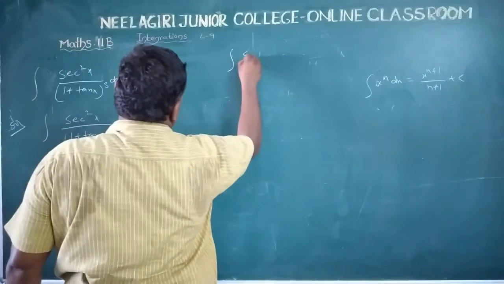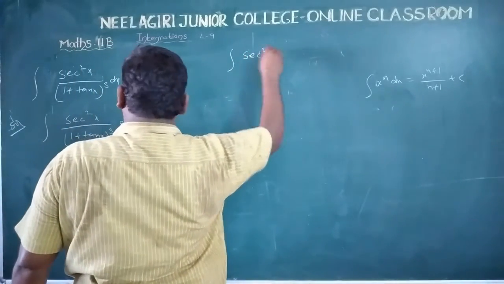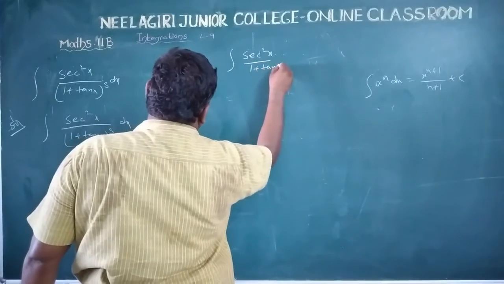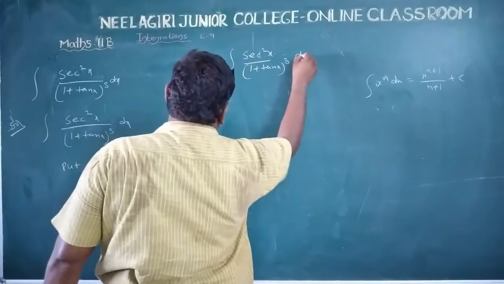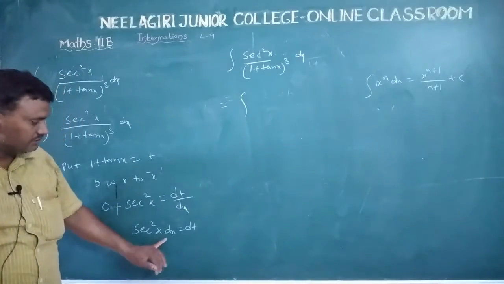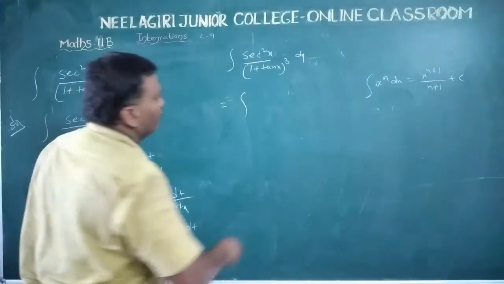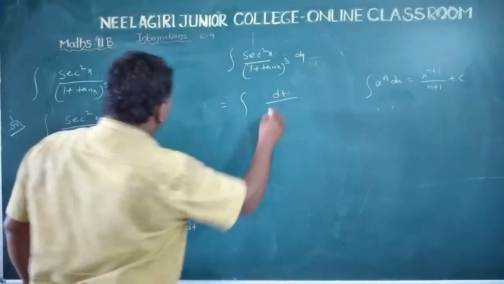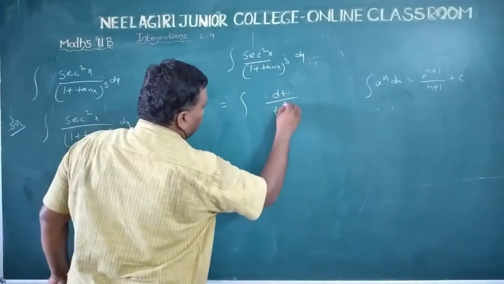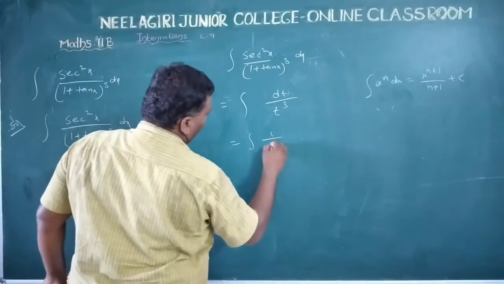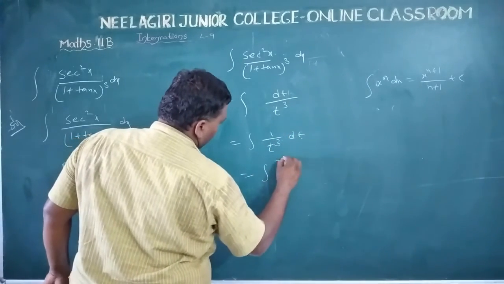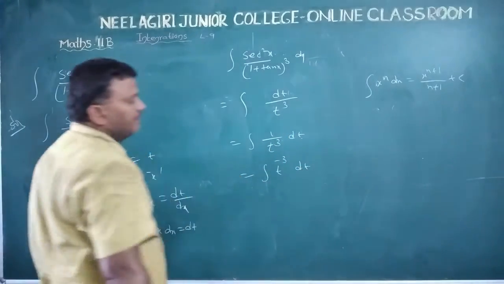Integration of sec square x by (1 plus tan x) whole cube dx is equal to, sec square x dx is dt, and 1 plus tan x is t, so it is 1 by t cube dt, which is t power minus 3 dt.